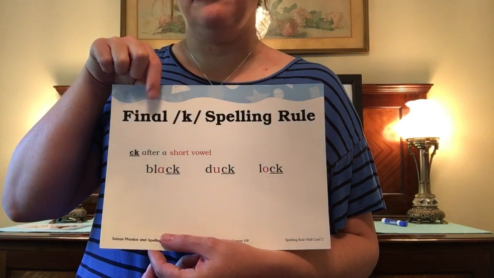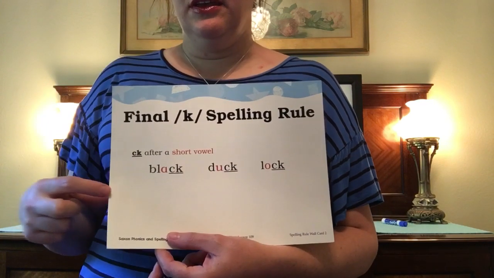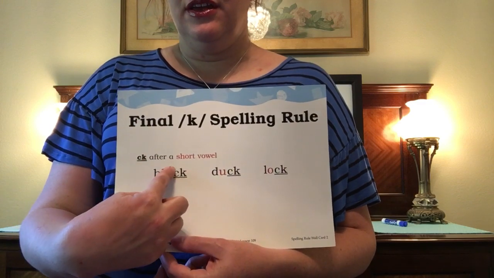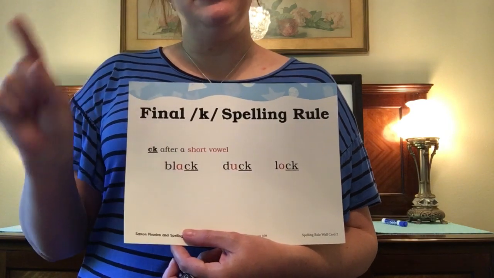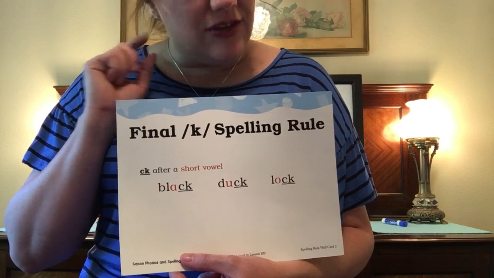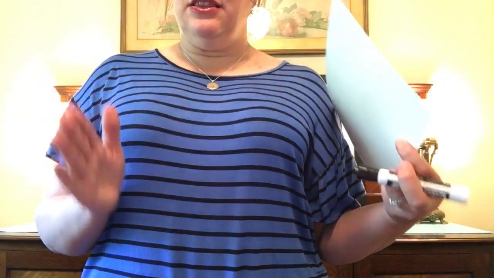So let's read that again. Final k spelling rule. CK after a short vowel. So just like with the letter C and the letter K, we're going to be listening for that vowel sound. Is it short or is it long?